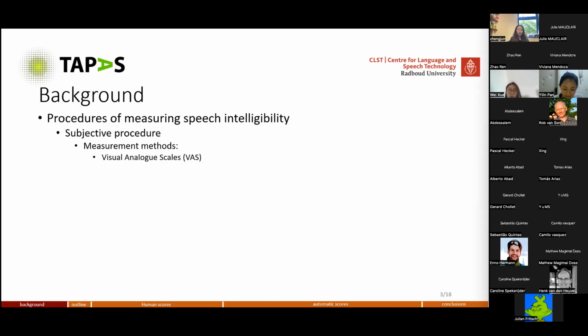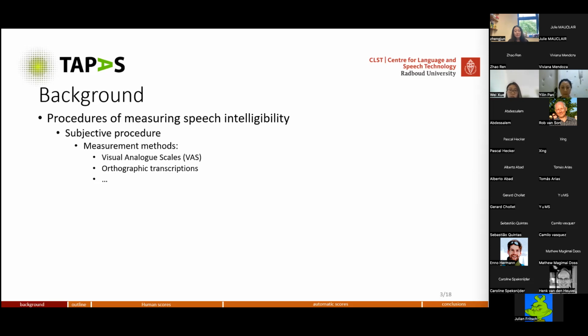The listeners are asked to set a number on the scale that represents how intelligible they think the speech that they just heard is. Another commonly used method is to collect orthographic transcriptions for recordings of dysarthric speech, and then calculate measures from the transcription, such as accuracy of words, word error rate, etc. And there are also many other different methods.